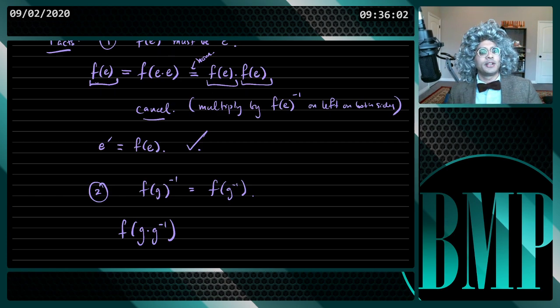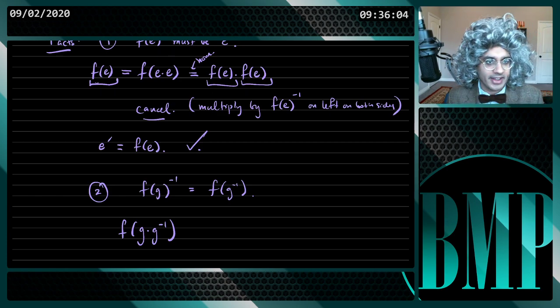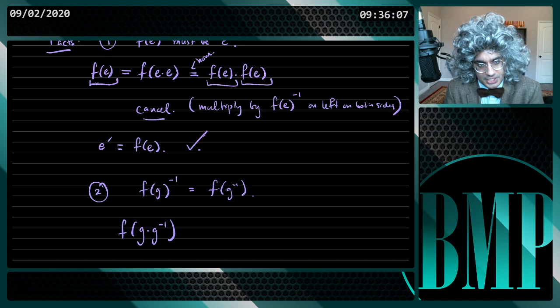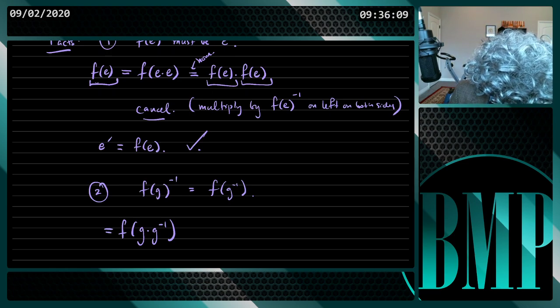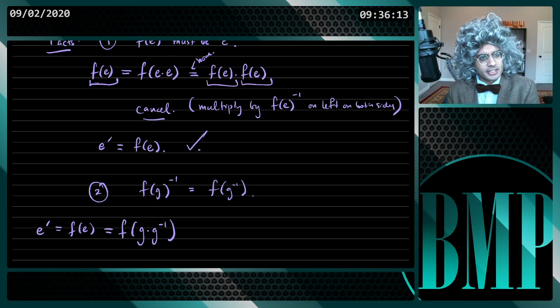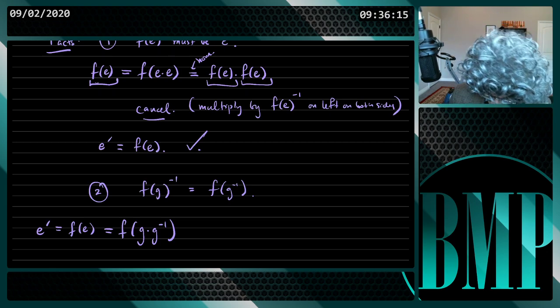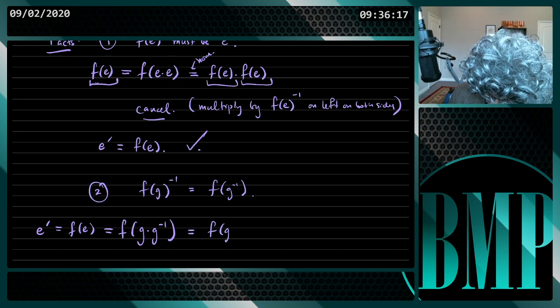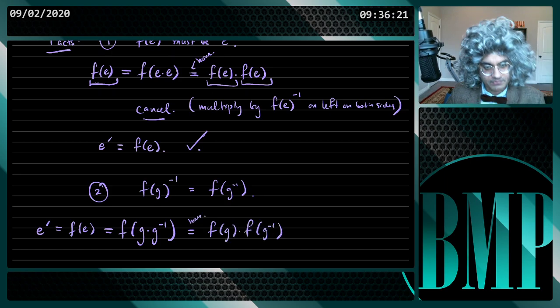So you just write down a sequence of true facts and you stare at it. Well, f of G times G inverse, on the one hand, is f of E, which we know is the identity from the previous part. But this is also f of G times f of G inverse by the homomorphism property.